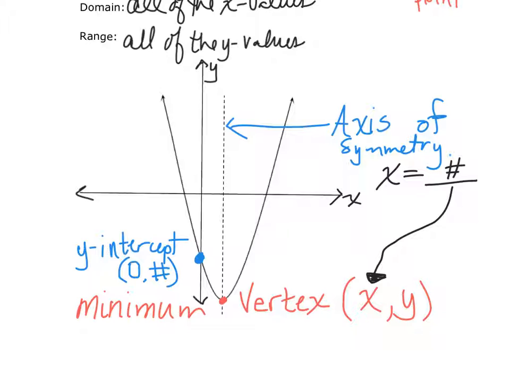All right, last thing before I give you an actual parabola and we find some fun stuff about it. You ready? We're going to talk about domain and range one more time. So the domain of a parabola.